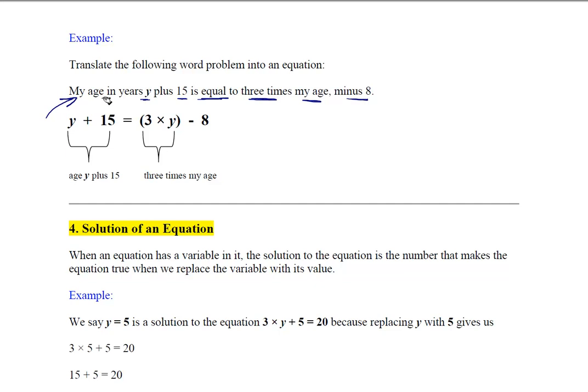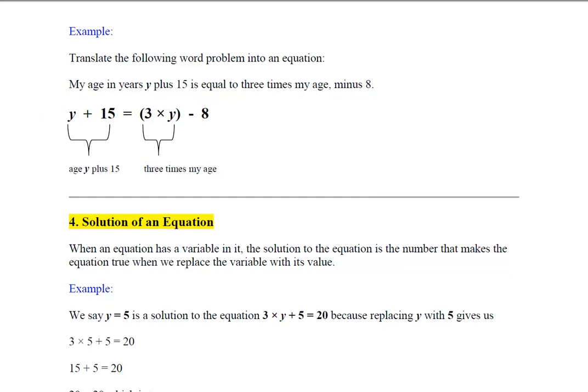So we're going to call my age Y. So Y plus 15 is equal to 3 times my age. My age is Y, so 3 times Y, 3Y, minus 8. All of this minus 8. So my equation becomes Y plus 15 equals 3Y minus 8.